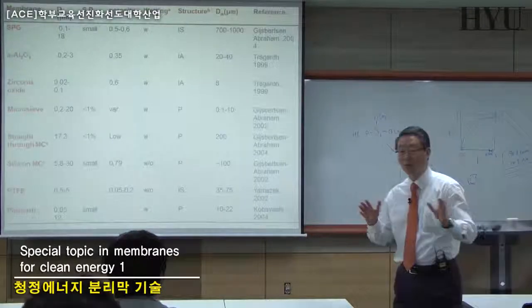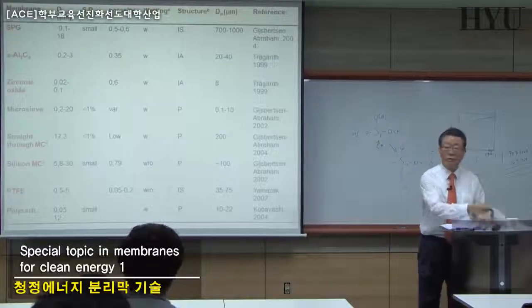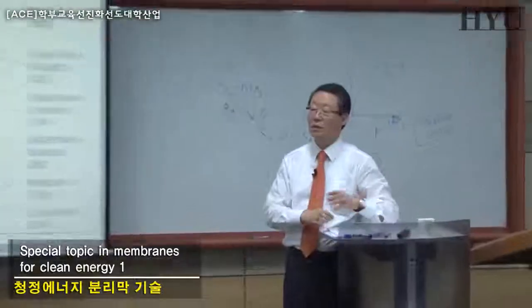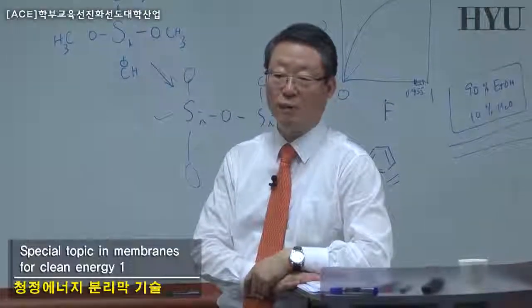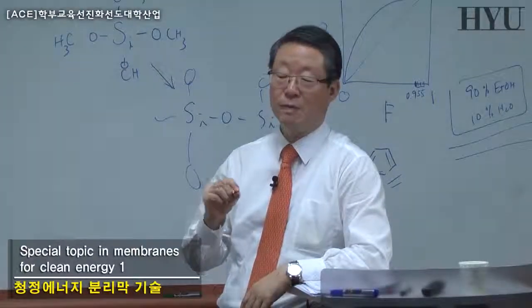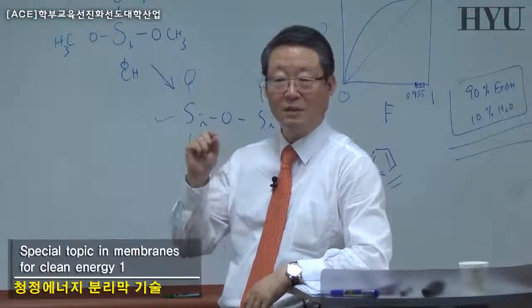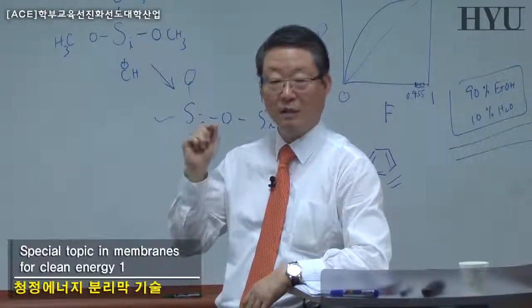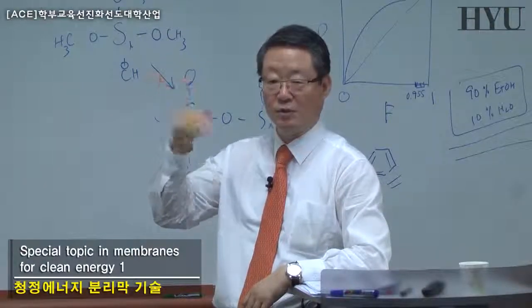So far, we have talked about the materials for membranes and how we can prepare the membrane. So in summary, the membrane is not just a film, but it could be a very thin layer to separate something from the mixture.